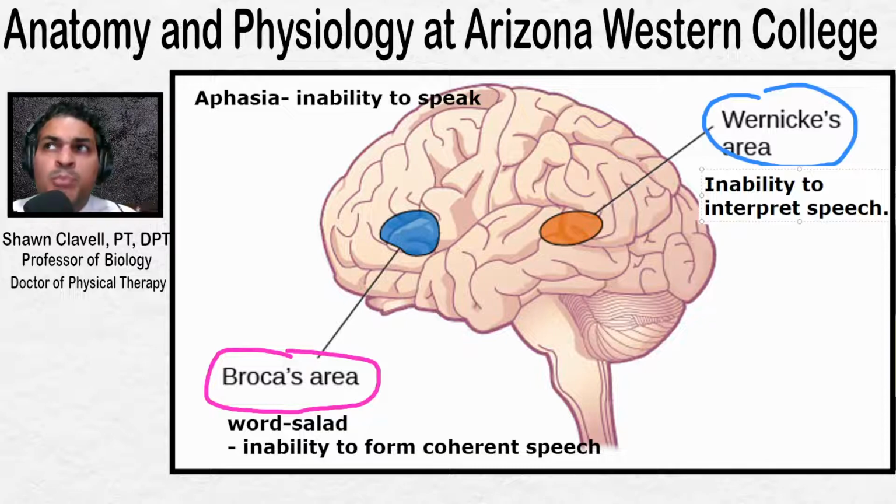You can express what you want. The difficulty now becomes interpreting what others are saying to you with Wernicke's aphasia. So the inability to actually interpret the words that are being used and spoken to you. So that's where the speech issues come in. So there's Wernicke's aphasia as well as Broca's aphasia.